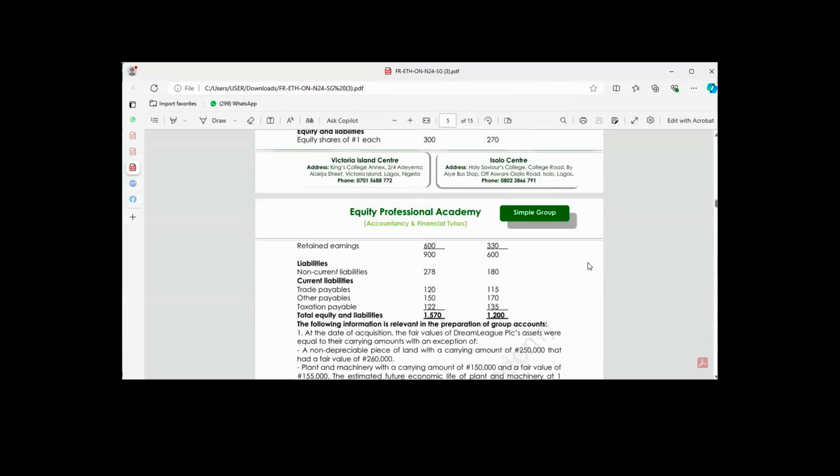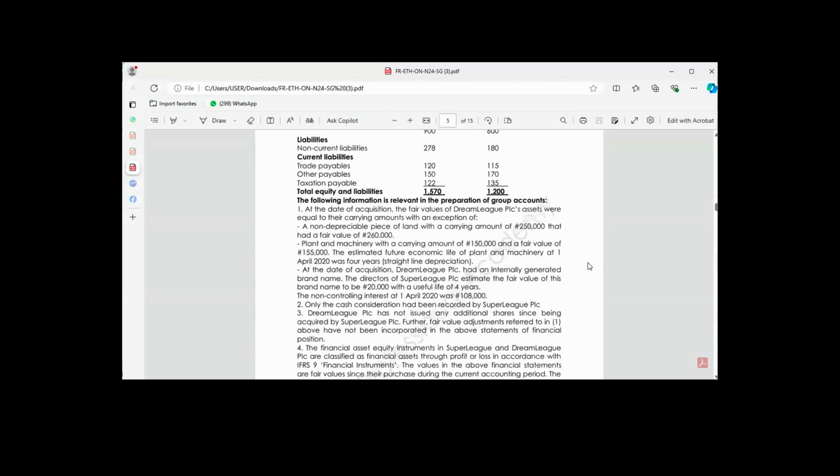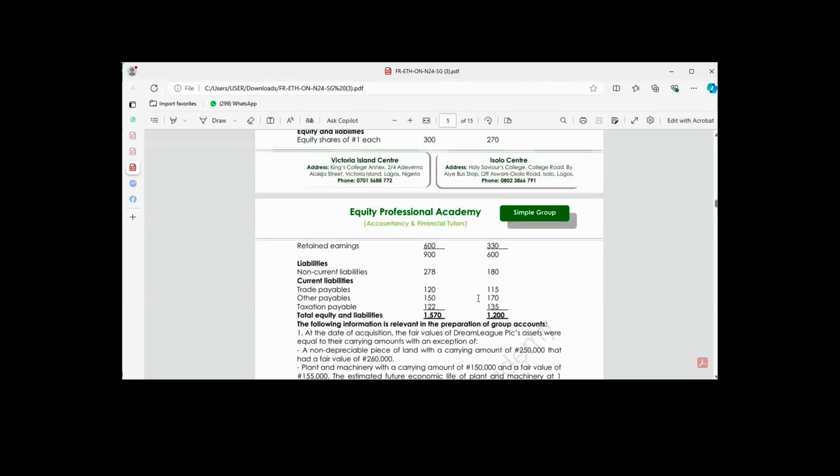Look at Super League Limited. The non-controlling interest at 1st April 2020 was 108,000. They will just give you directly. No thinking is required.